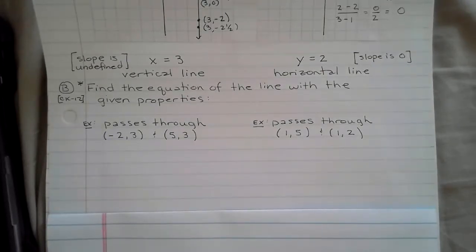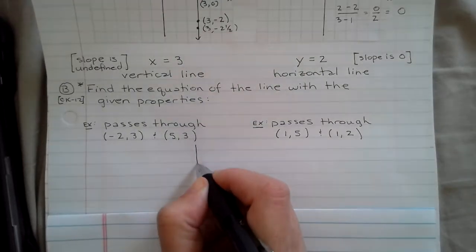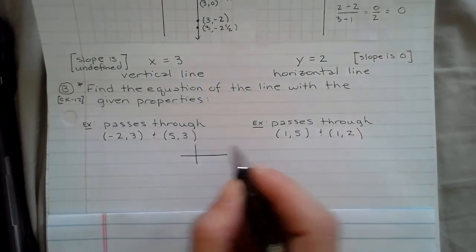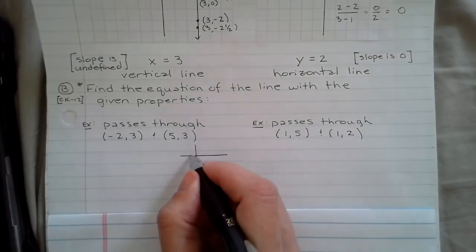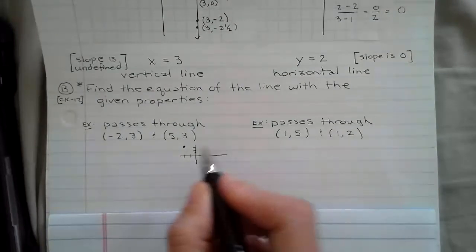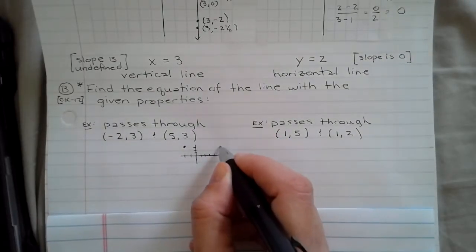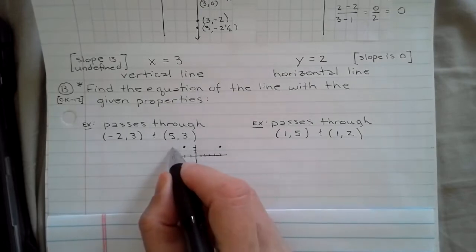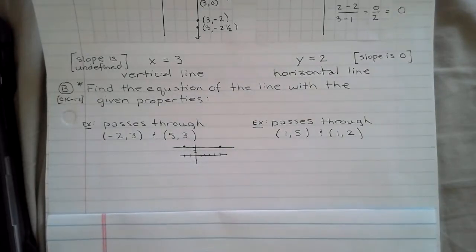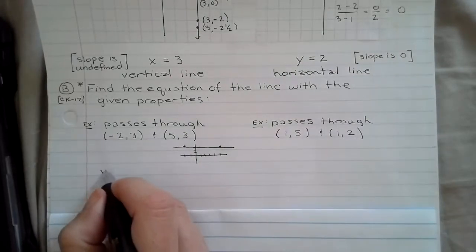So a couple ways you can do it. You can just say, I'm going to do a little tiny cheap graph over here of these. I'm going to go -2, up 3, and I'm going to go over 5, up 3, and you see that these are horizontal lines. Horizontal lines are always y equals lines.